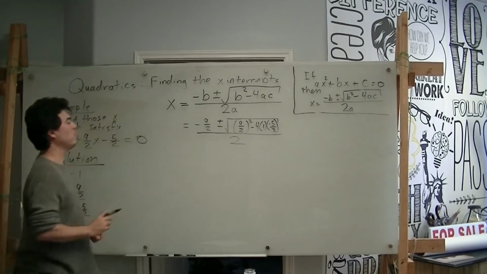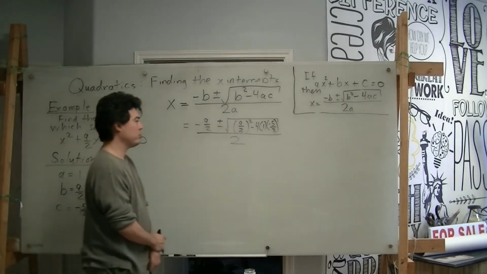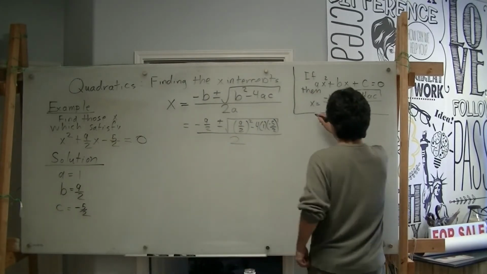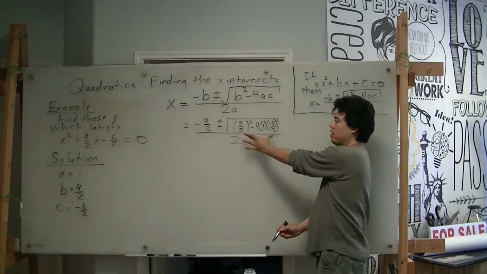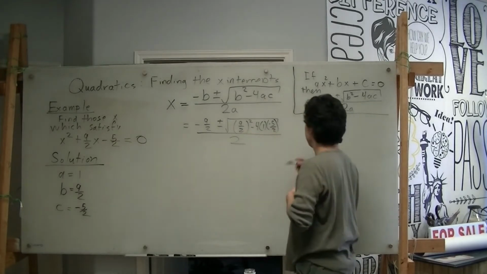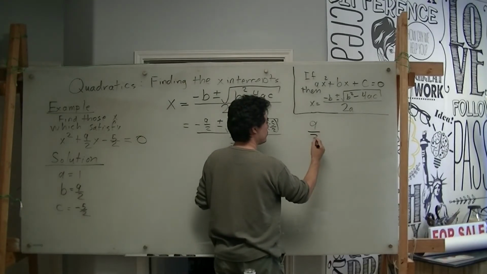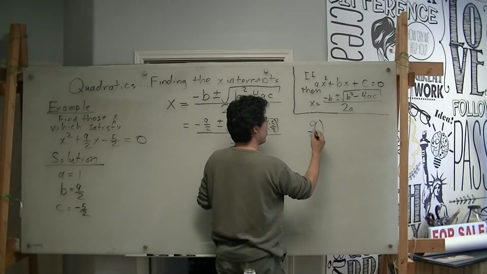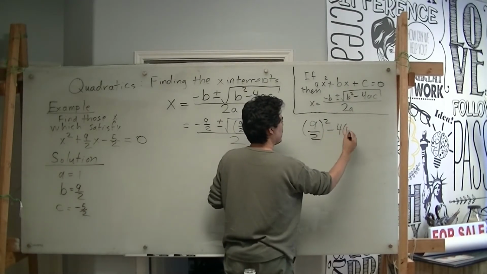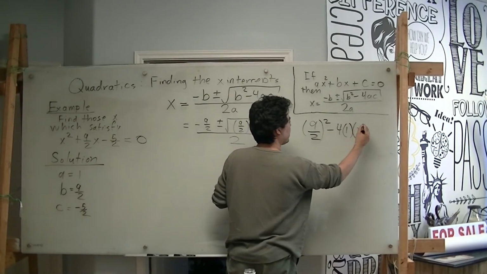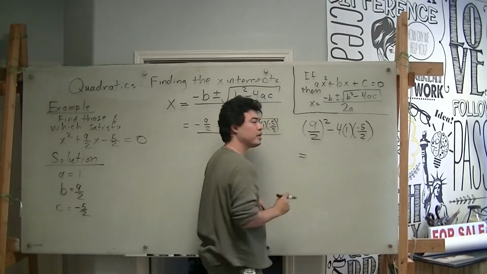And so now we need to start to simplify this. And to do that, I'm going to first simplify what's inside of this square root. So I'm going to do that here. 9/2 squared minus 4 times 1 times negative 5/2 is going to equal, I'm going to go step by step.